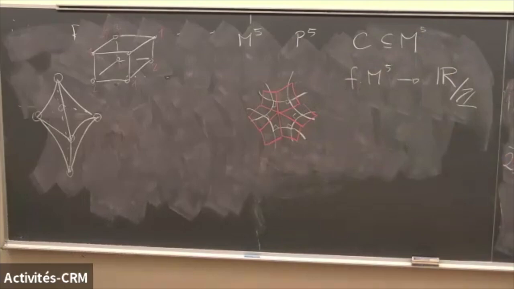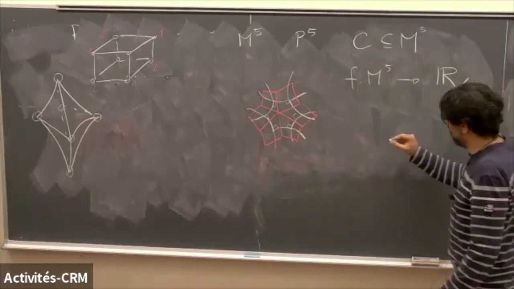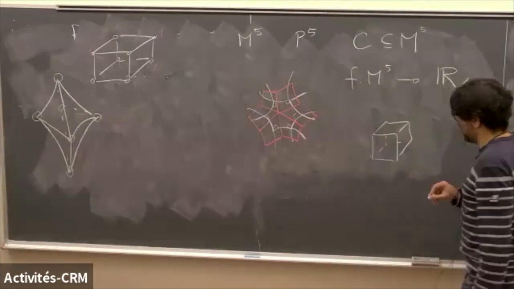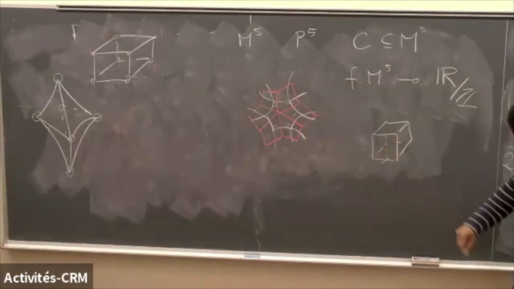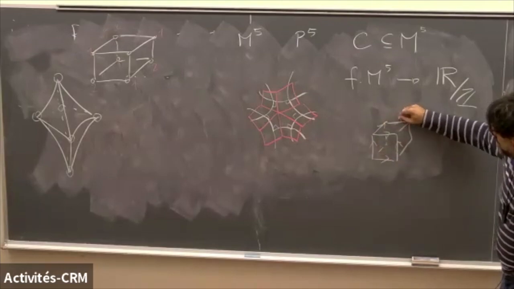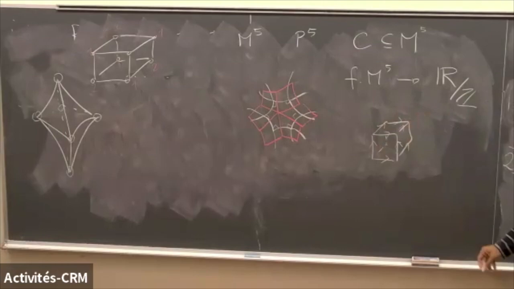One way to do it is the following. Suppose you are able to orient every edge of the cubulation, in a way that every square is oriented coherently in this way, so every pair of opposite edges have the same orientation.